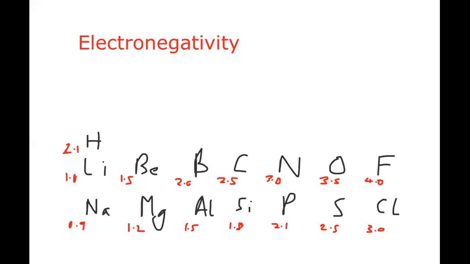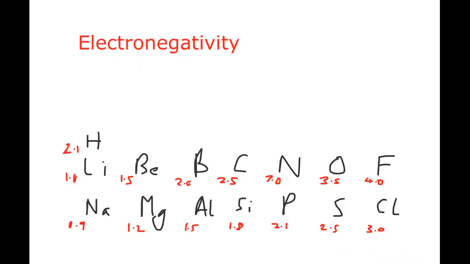Now, for example, if we have HCl, in HCl, we'll first see the electronegativity values.